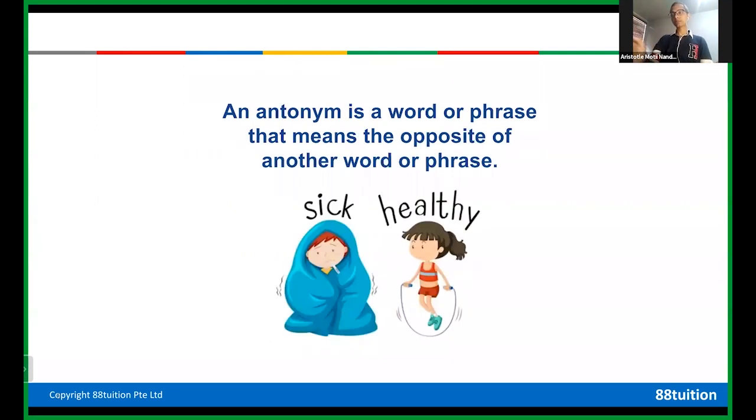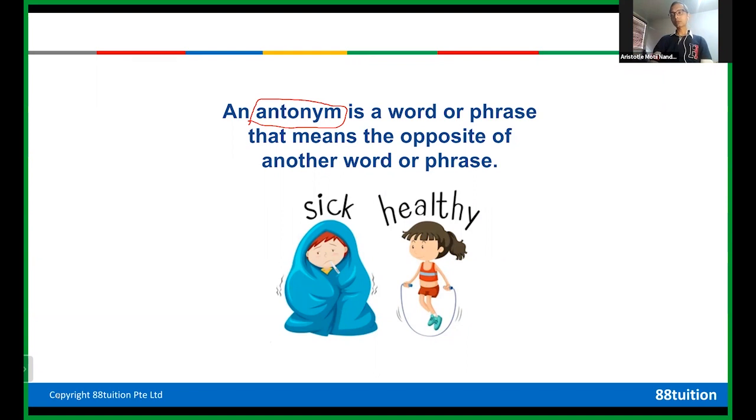The opposite of a synonym is an antonym. Like antagonistic, it means like someone is against you. So normally when you have the prefix a, it's the opposite meaning of the word.